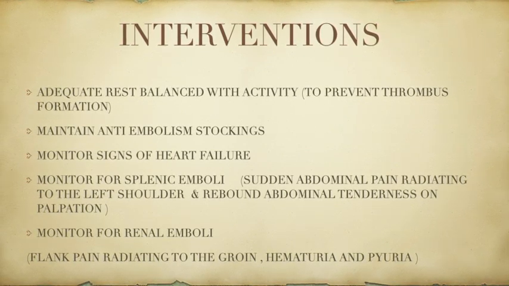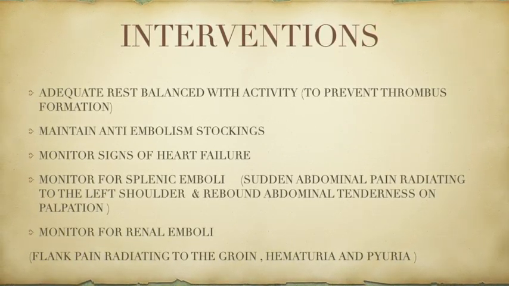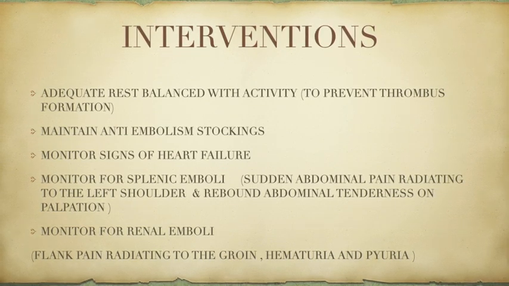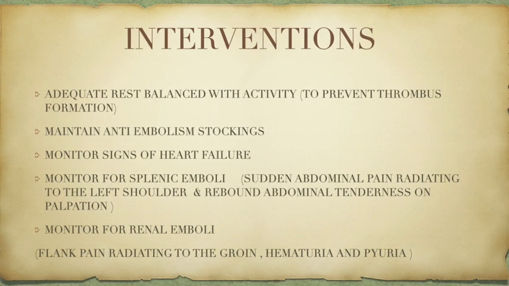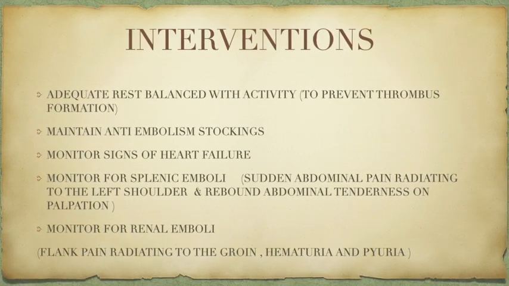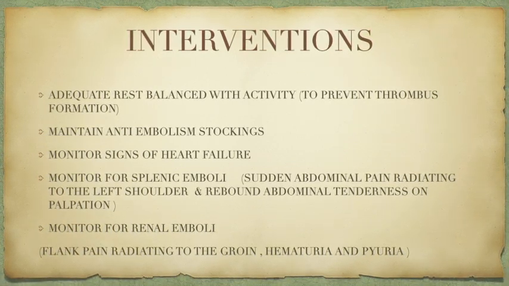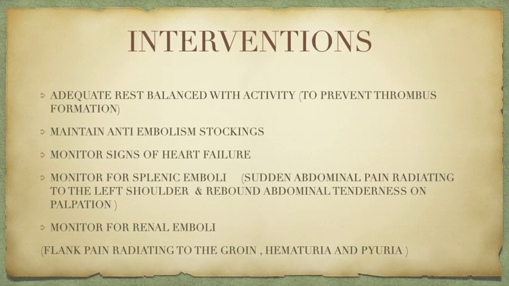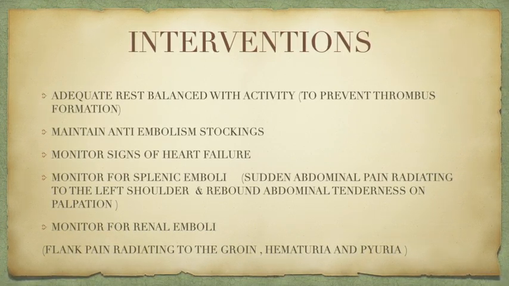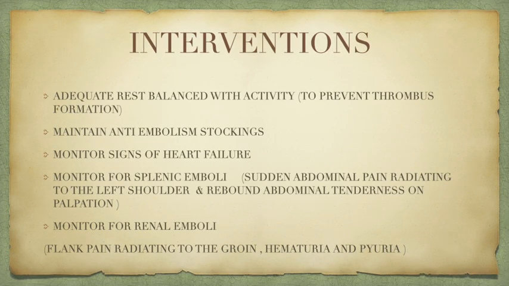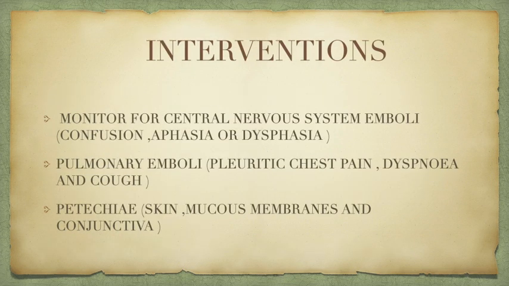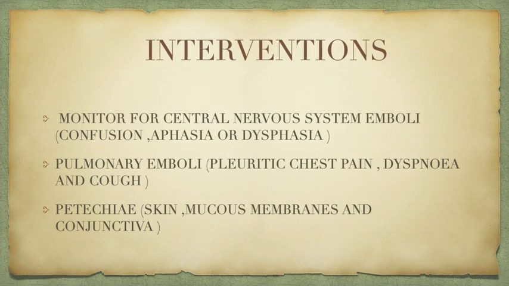For splenic emboli, sudden abdominal pain will be there, radiating to the left shoulder, with rebound abdominal tenderness on palpation. For renal emboli, flank pain radiating to the groin, and apart from this, hematuria and pyuria will be there. So splenic emboli: abdominal pain radiating to the left shoulder. Renal emboli: flank pain radiating to the groin.